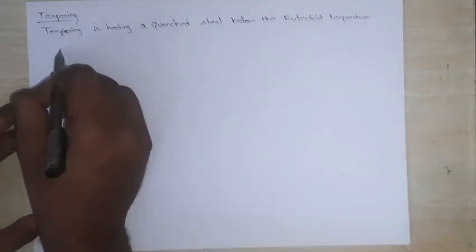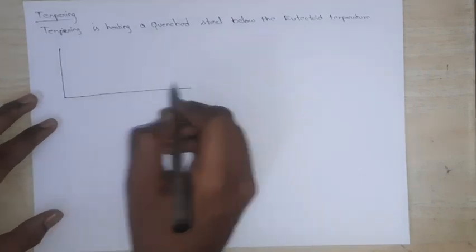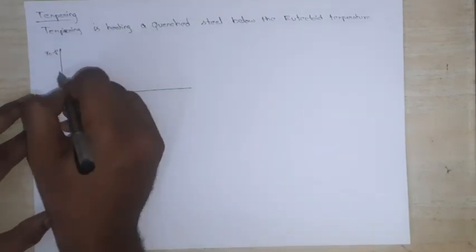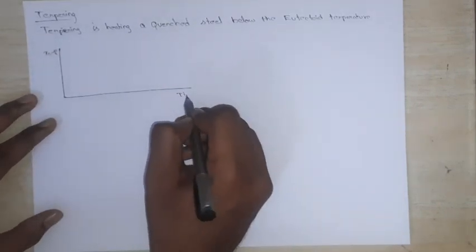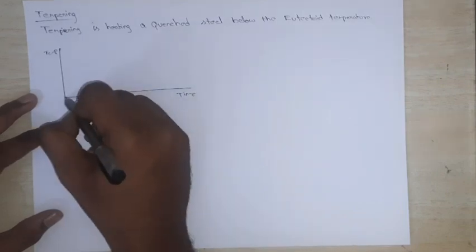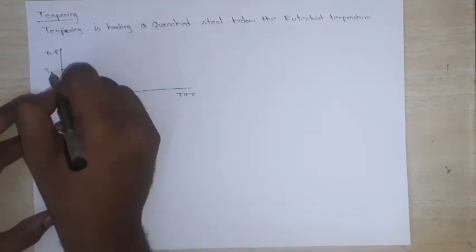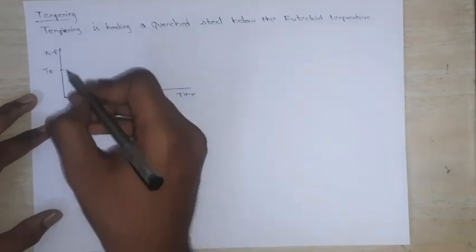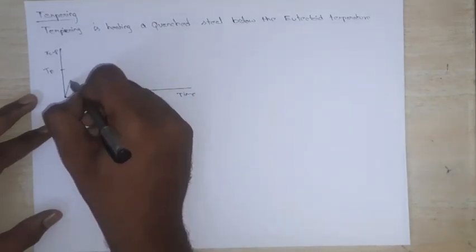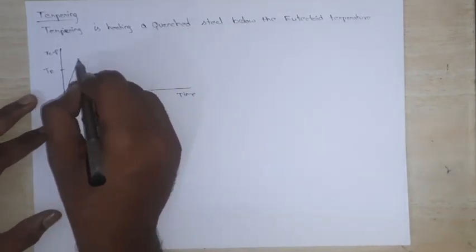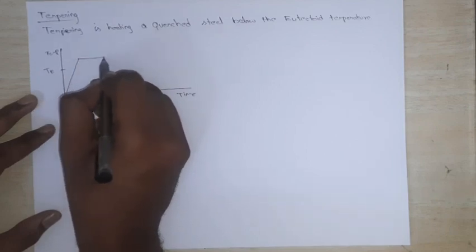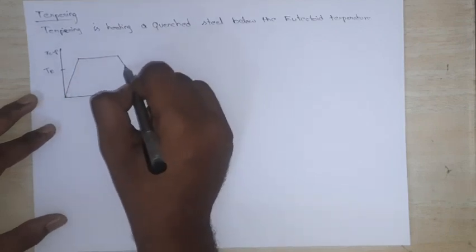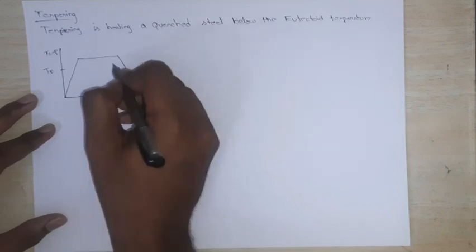If we see tempering in the TTT diagram, this is temperature and this is time. This is the eutectoid temperature. At first we heat the material and hold it for some time, and we quench, we cool it very fast. That is quenching.